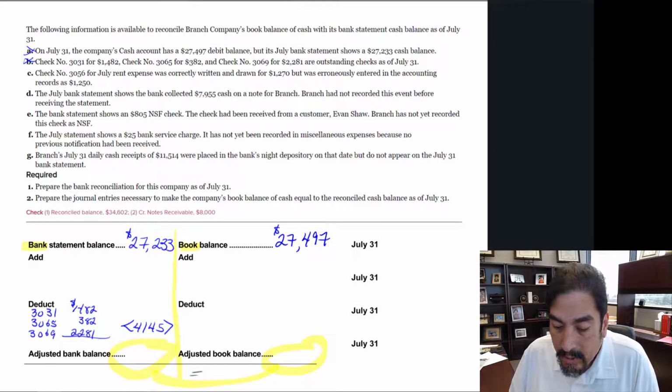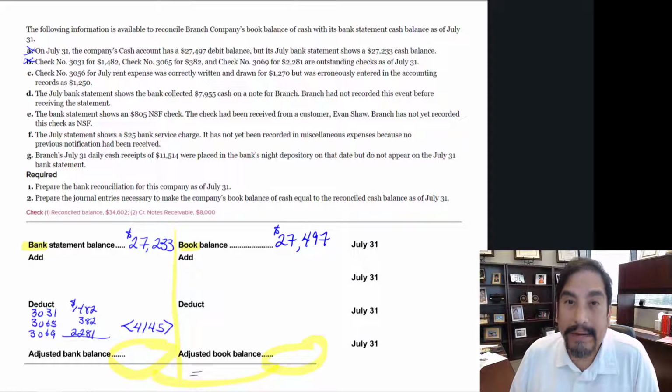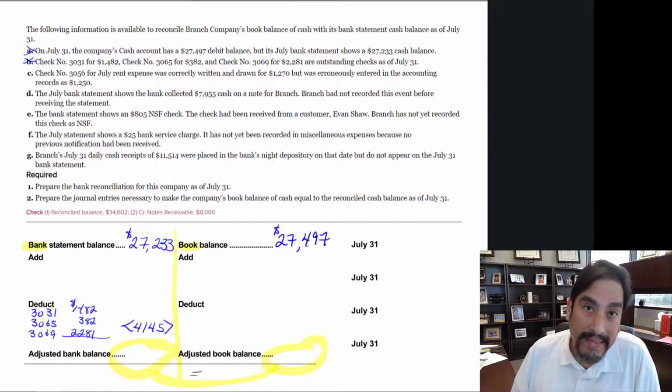Next, check number 3056 for July rent expense was correctly written and drawn for $12.70, but was erroneously entered into the accounting records as $12.50. So we get a mistake right up front. The mistakes are tough. All the rest of these things go in a particular area. Outstanding checks always go on the bank side in the deduct quadrant.